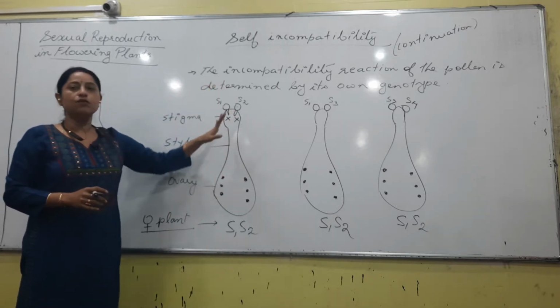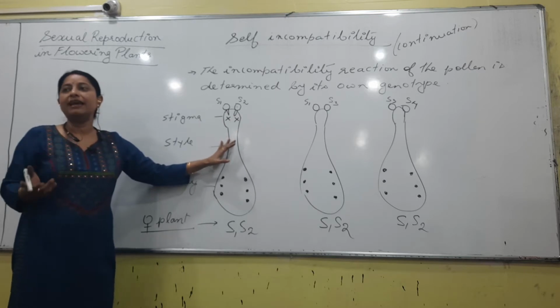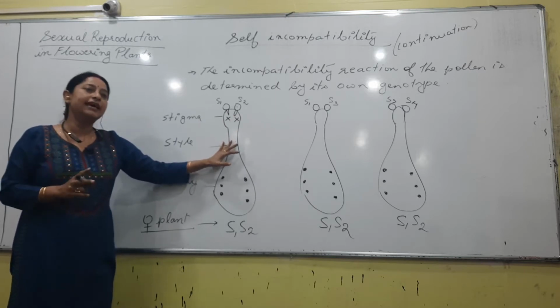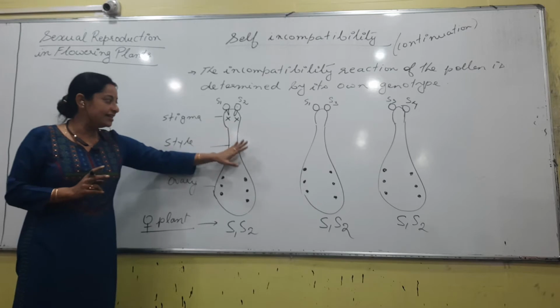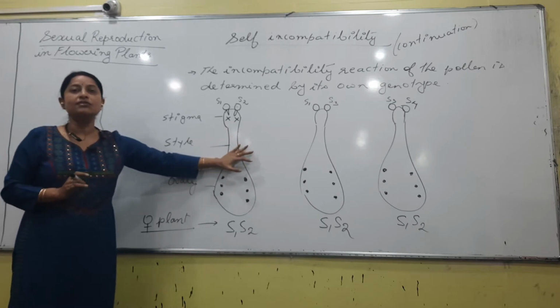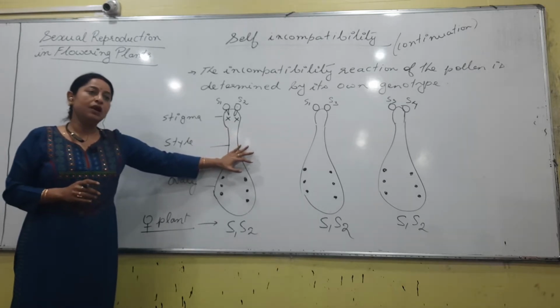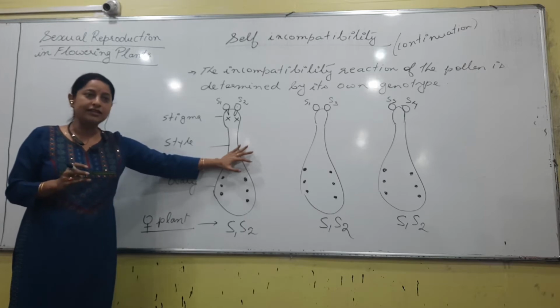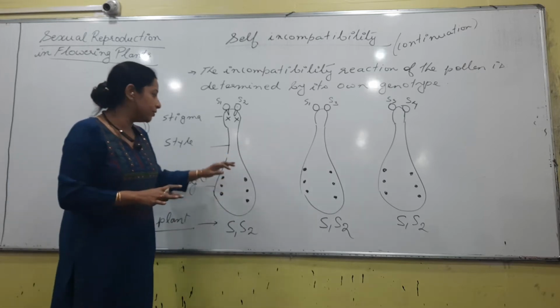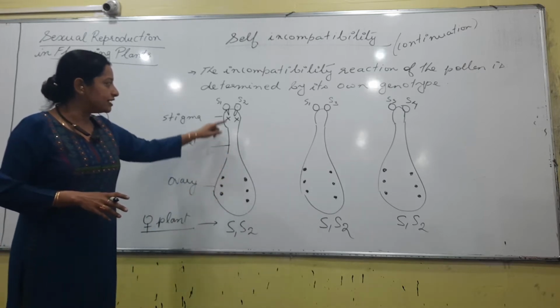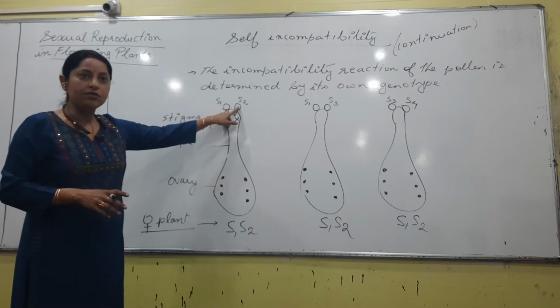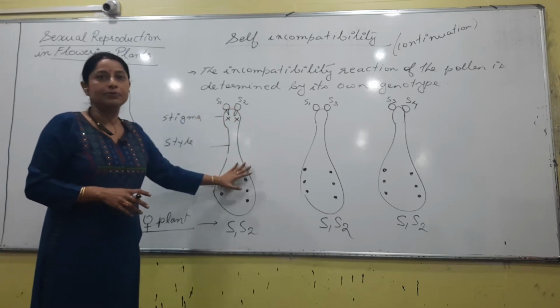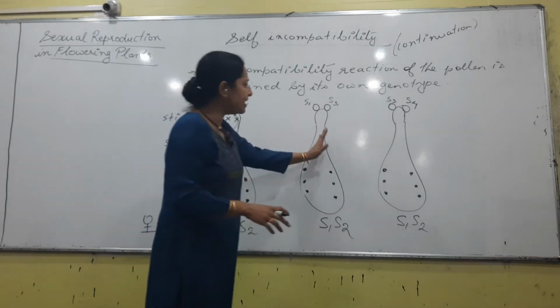The pollen tube will not grow. The male gametes will ultimately not reach the egg. So this condition we call totally incompatible. We have total, we have partial, and we have semi-partial. We will be talking about it. So in this condition, the pollen grains have fallen down, but pollination does not happen. Clear? Come to the next situation.